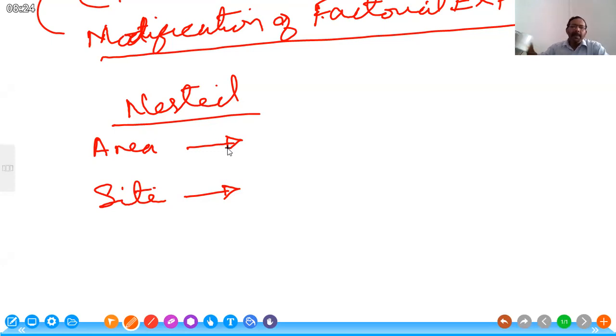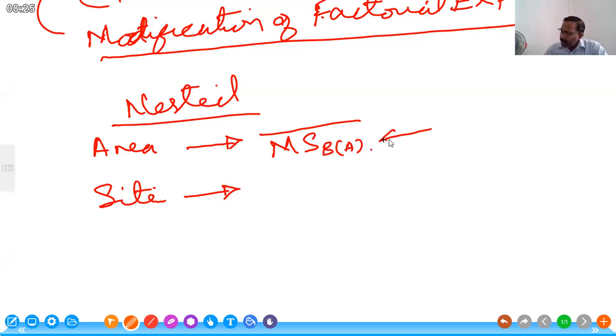No. In area, what is the denominator we used? The mean square of B, the site.